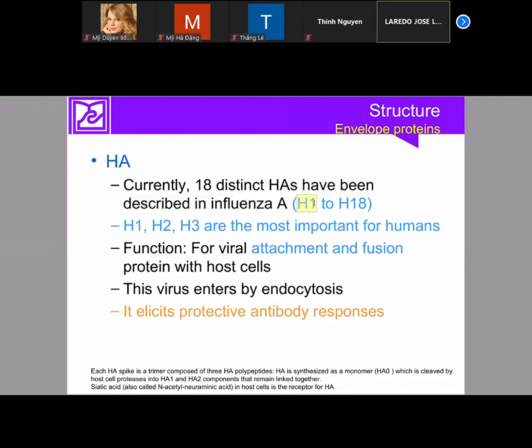So H1, H2, H3 until H18. So different influenza A viruses may contain different hemagglutinin. The most common in humans are type 1, type 2, and type 3. Hemagglutinin binds host cell receptors.